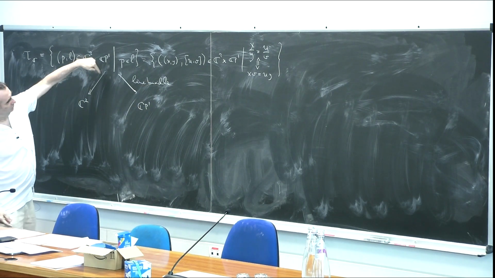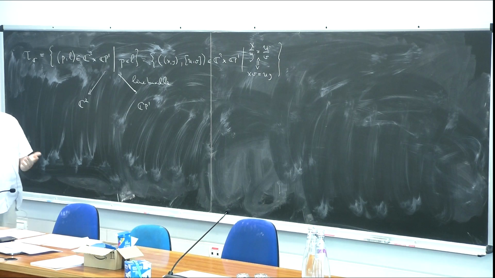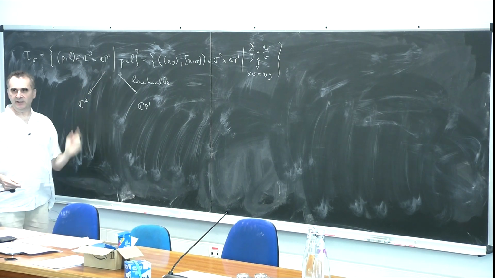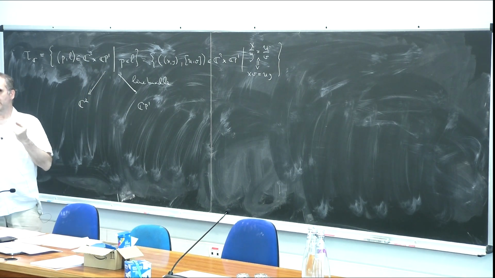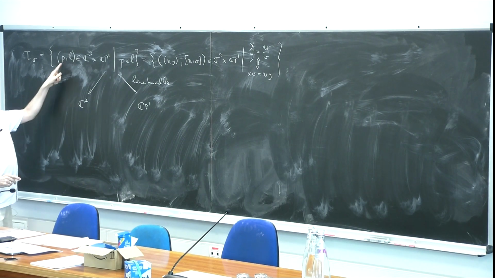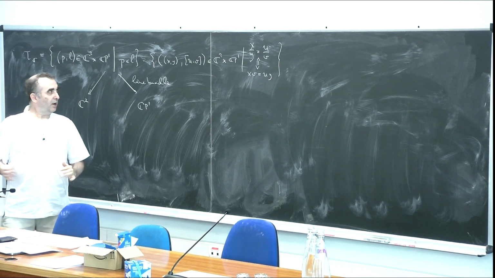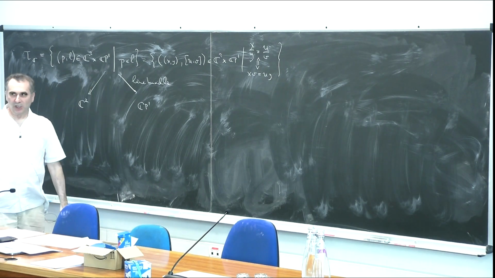But when we project to the other factor, so we associate to (P, L) the point P, then typically the inverse image, or the fiber of this map, is only one point, because there is only one line which passes through my point and the origin. With one exception: when my point is exactly the origin, then there is a whole CP1 worth of lines, because all the lines qualify.